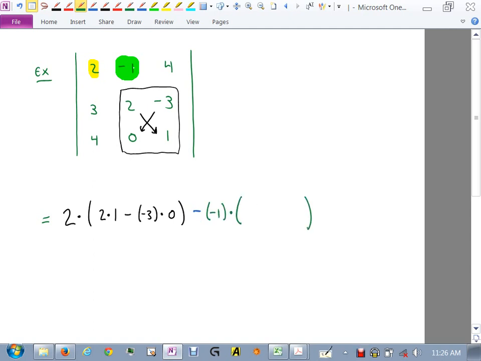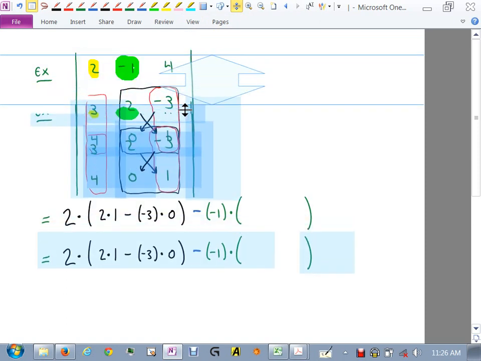Another determinant, right? Now this determinant comes from hiding the middle column and looking at the 3, 4, negative 3, 1. So now I'm isolating my attention to these two with these two. Are y'all okay with that? It's easier if I go up there and physically cover up.